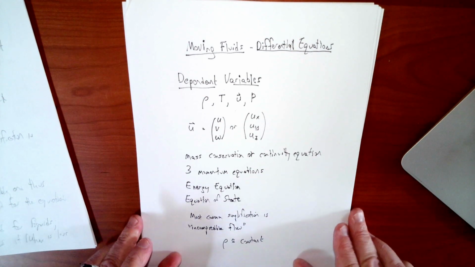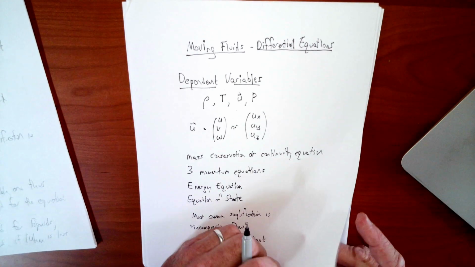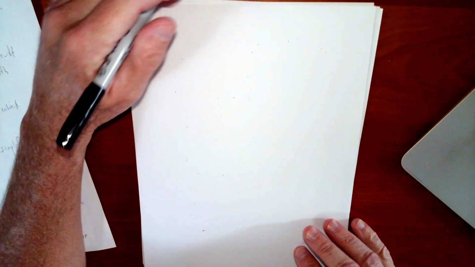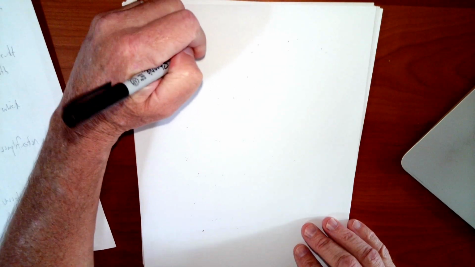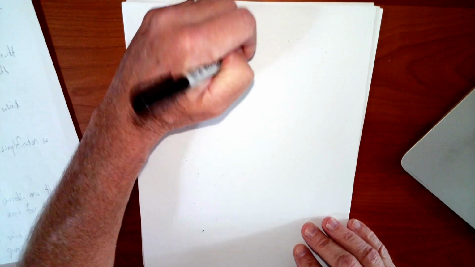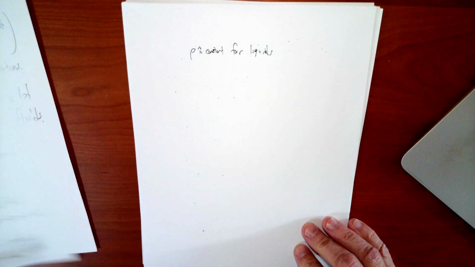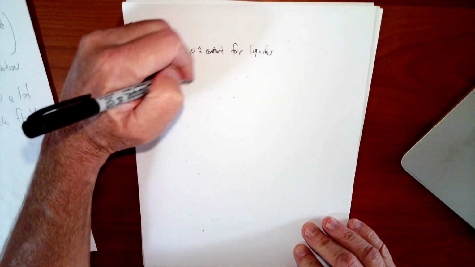And we have talked about when this is valid. It's essentially always valid for liquids, since liquids are almost always incompressible substances. So rho is constant for liquids. But, somewhat more surprisingly, as we've discussed, it is also true for gases most of the time.